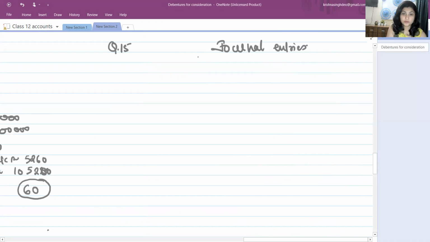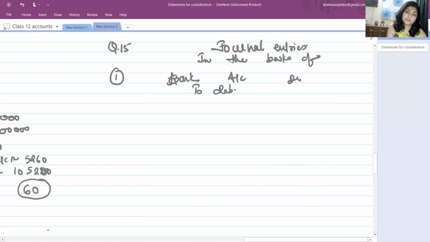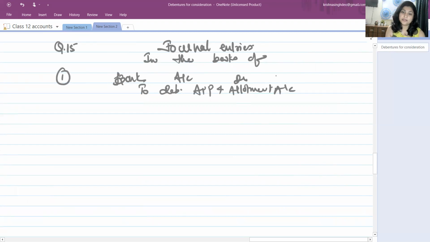In the books of the company, the first entry is bank account debit to debenture application and allotment account. Whenever we take a lump sum amount from the investors, we pass a combined entry, debenture application and allotment.